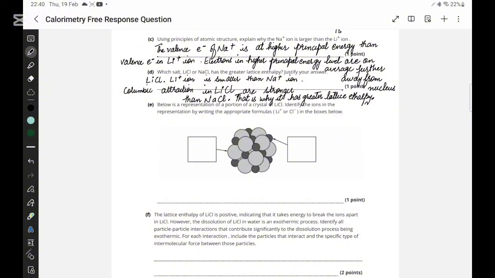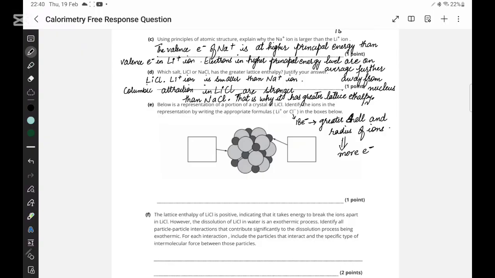In the next question, below is the representation of a portion of a crystal of LiCl. Identify the ions in the representation by writing the appropriate formulas, Li positive or Cl minus. As Cl minus has 18 electrons, we know that it has a greater shell and a greater radius of the ions, so it is going to have more electrons.